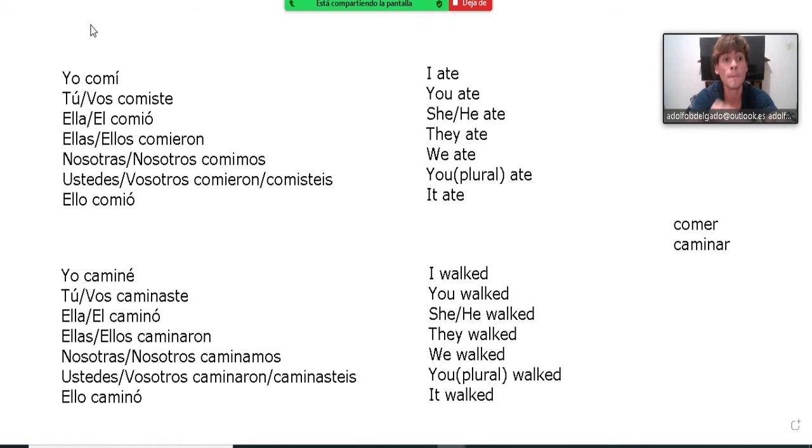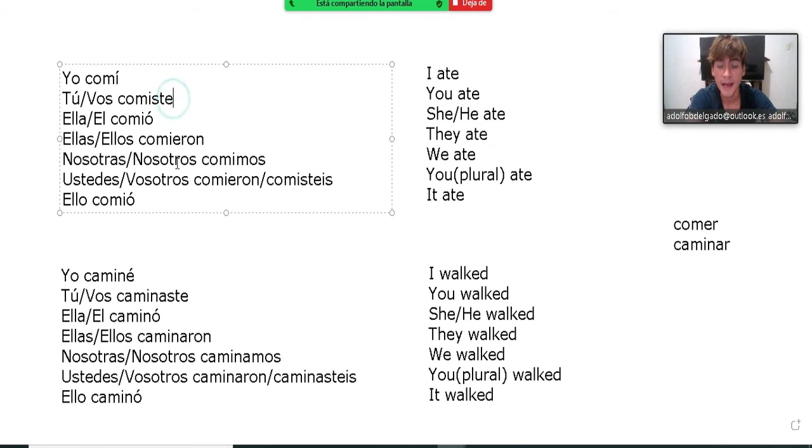Yo comí. Yo comí. This is I ate. Tú, in this case, is comiste. Or if you decide to use vos, it's the same, comiste.